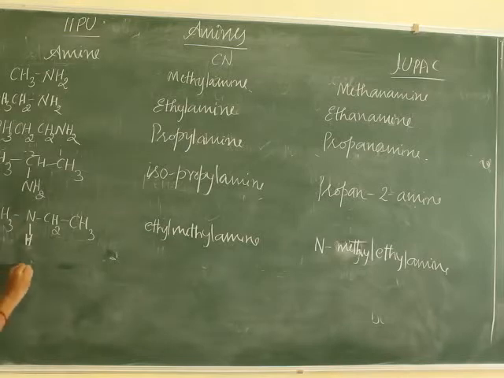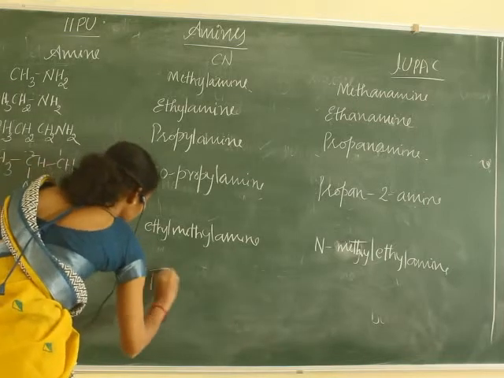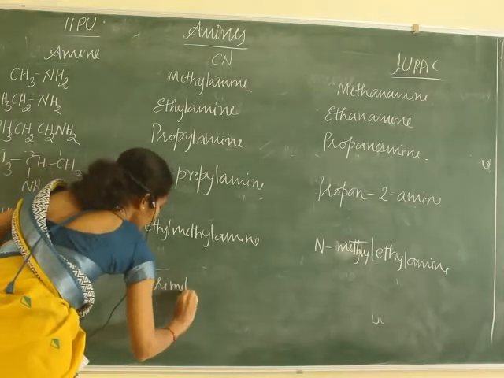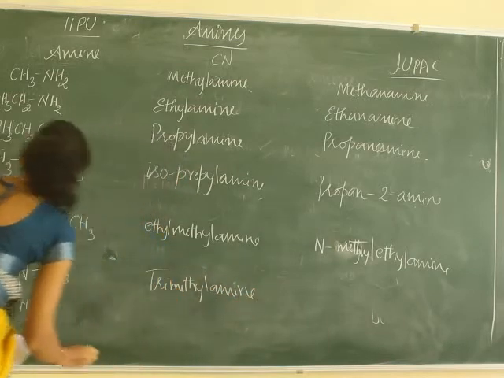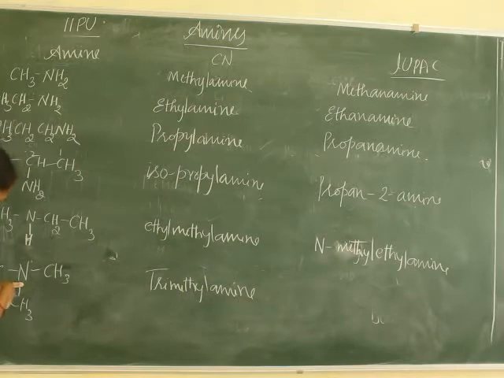And next one, N(CH3)CH3 and CH3. Common name, trimethylamine. And the IUPAC name of this compound, again see here. To this nitrogen atom, two CH3 groups are attached like this.